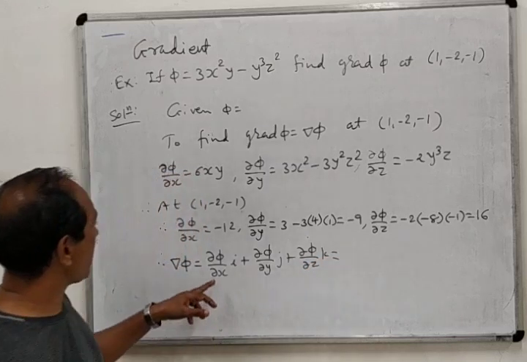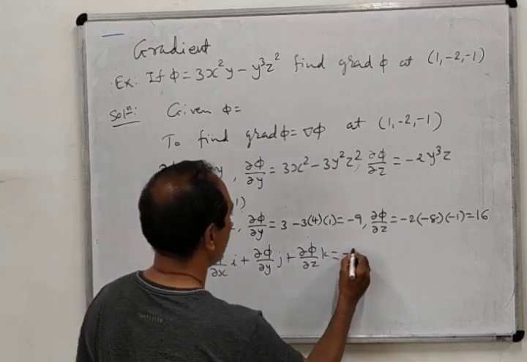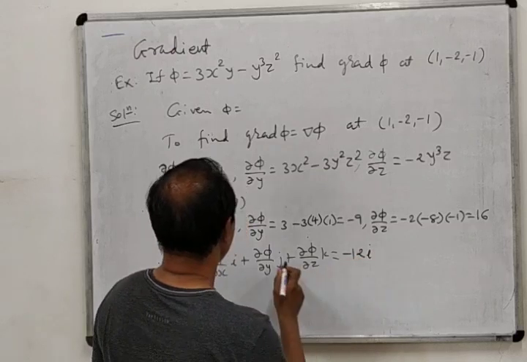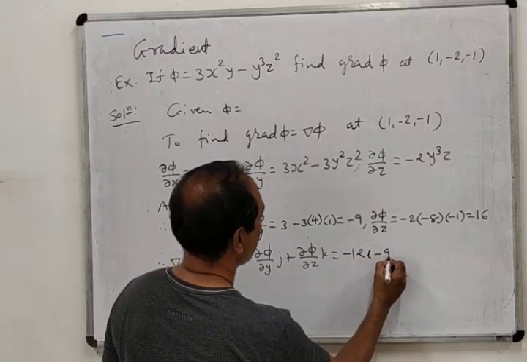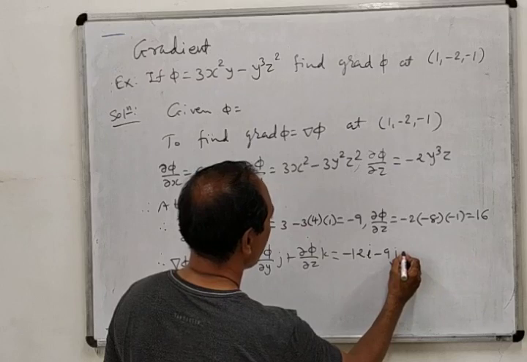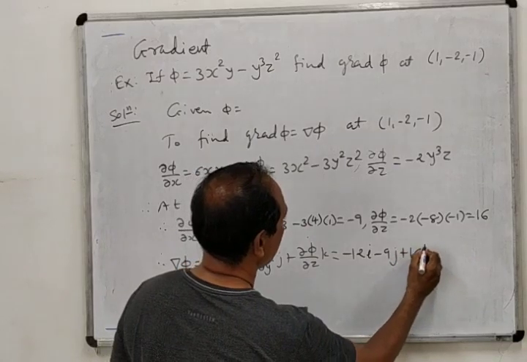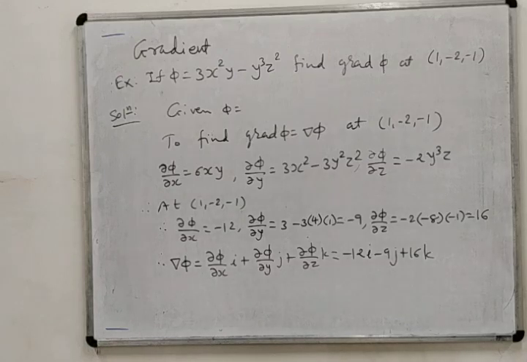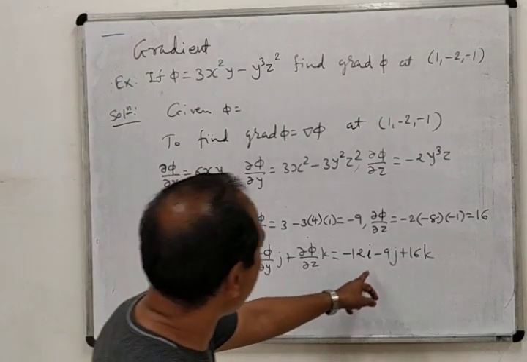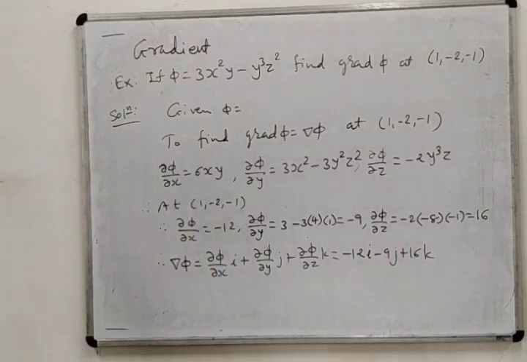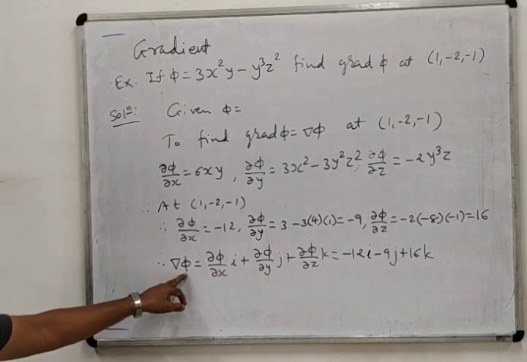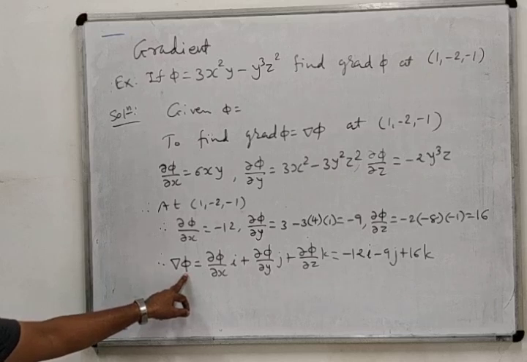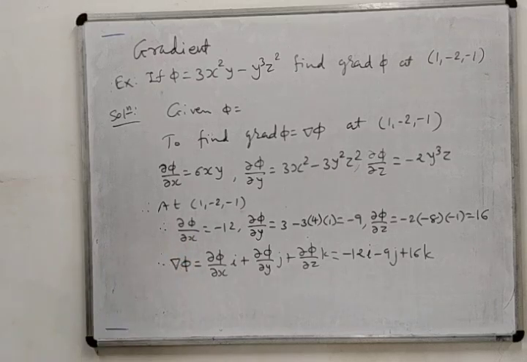So it is -12i plus -9j plus 16k. This is the final answer, and since it involves i, j and k, it is a vector. I told you that phi is a scalar function, and gradient phi itself is a vector function. So note this down.